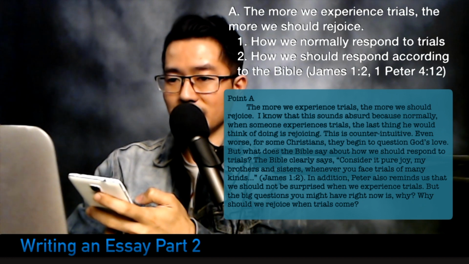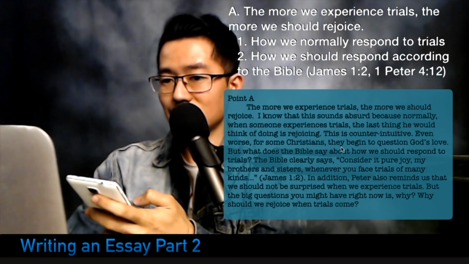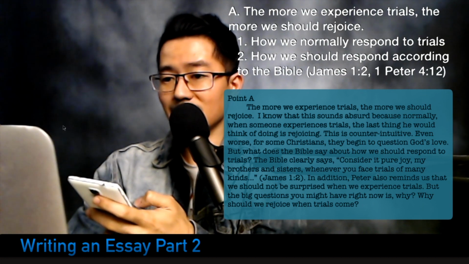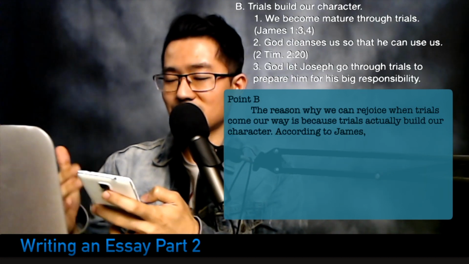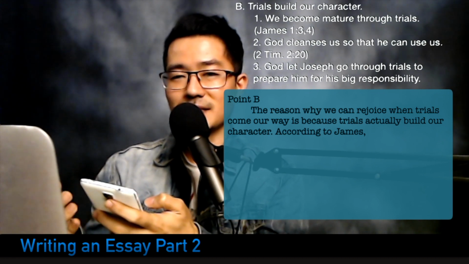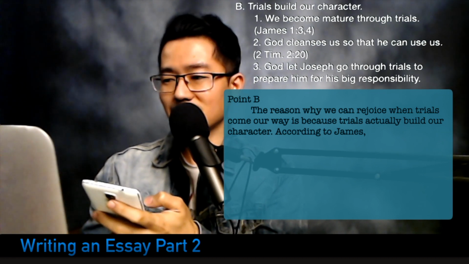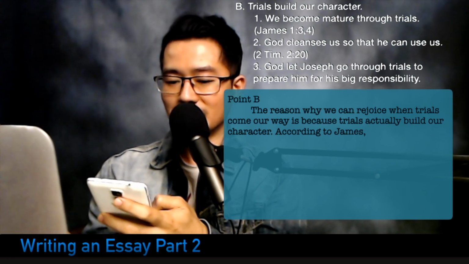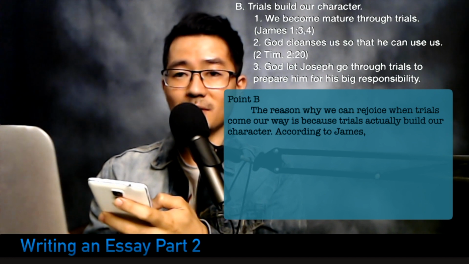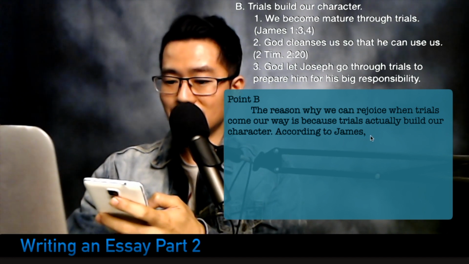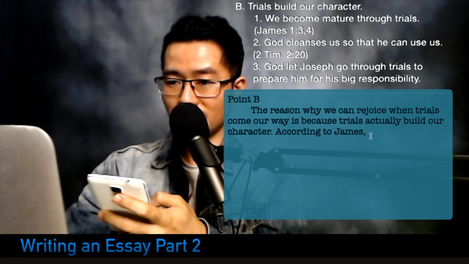What did I write there? How did I introduce my direct quotation here? Okay, the Bible clearly says, because I want to change the way I introduce direct quotations. If I always say according to James, according to James, according to Jesus, it will be boring and repetitive, so I want to avoid that. According to James, so I'm going to include another direct quotation.